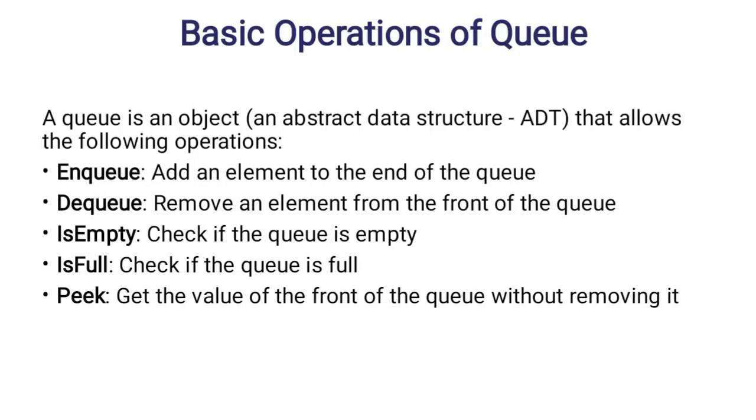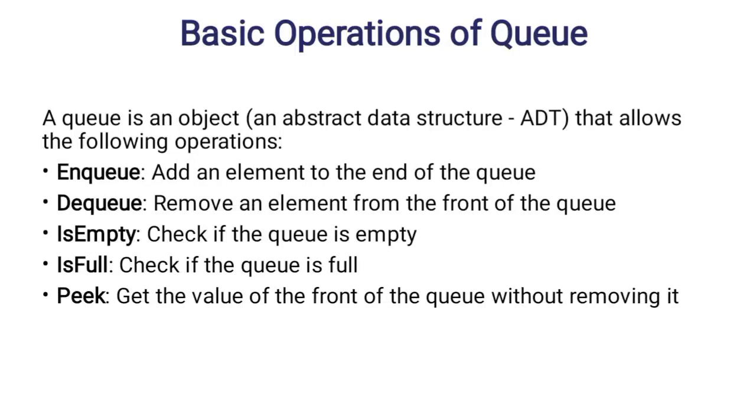Then let's move on. The basic operations that we have when we are working with a queue are as follows. The first one is called enqueue. What does enqueue represent? Enqueue represents adding an element at the end of the queue. The second operation, dequeue, represents removing an element from the front of the queue. IsEmpty is used to check if the queue is empty.